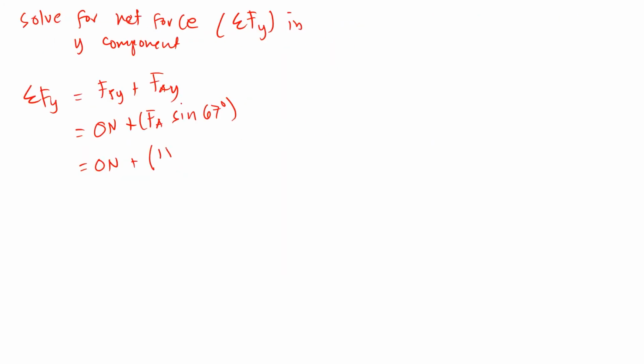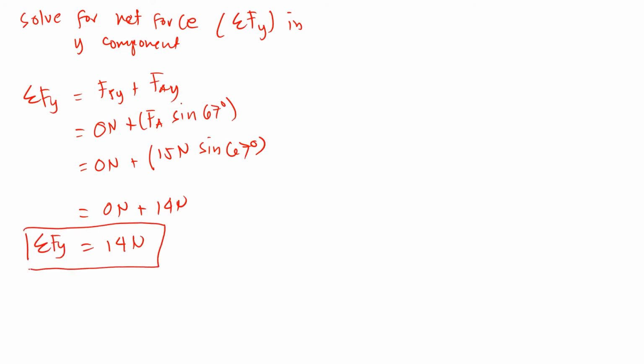So this is equals to 15 newtons sine of 67 degrees, and this is equals to 0 newtons plus 15 newtons sine 67 degrees is equals to 14 newtons, and 0 newton plus 14 newtons is equals to 14 newtons. So the summation of force in y component is equals to 14 newtons.